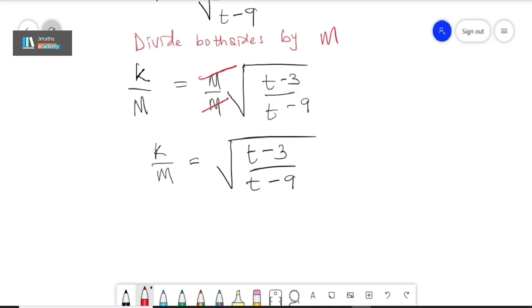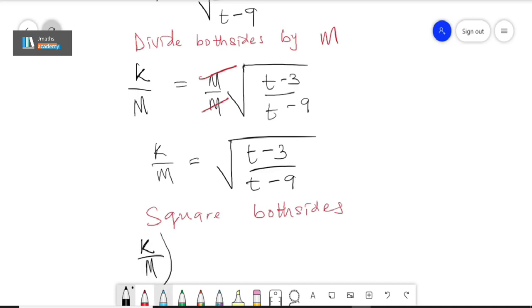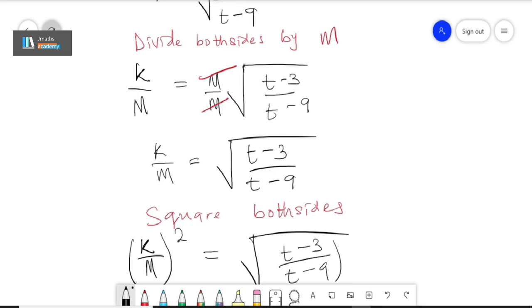So in order for us to make t the subject of the formula, we square both sides. We have k over m in bracket raised to the power of 2 is equal to the square root of t minus 3 over t minus 9, in bracket raised to the power of 2.